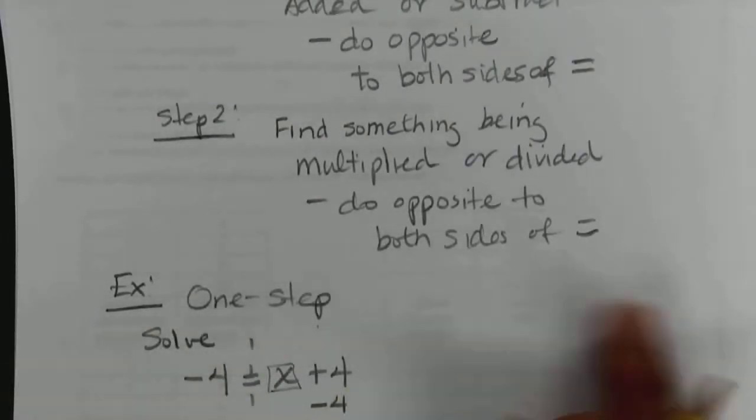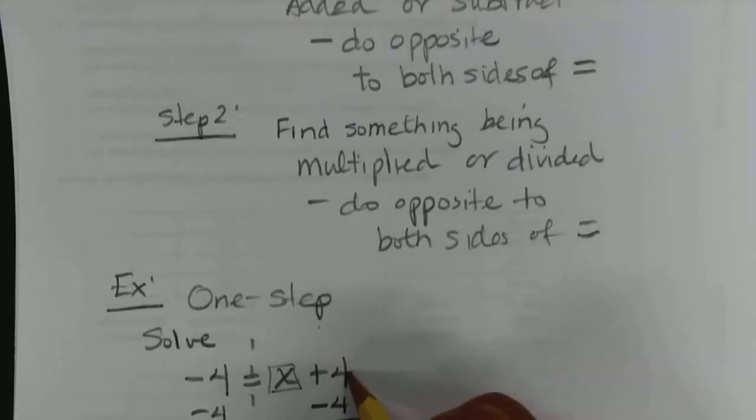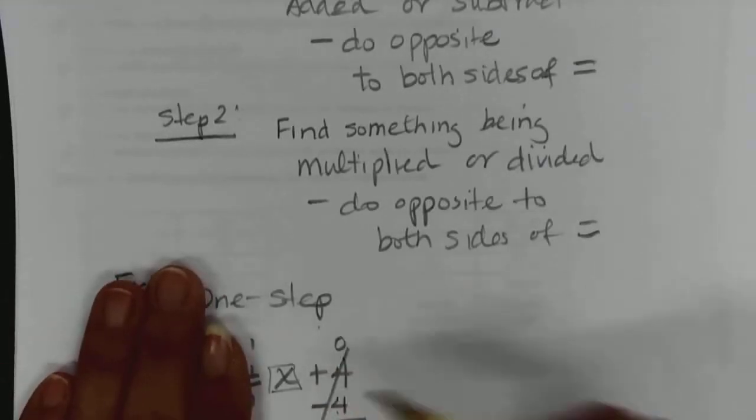So, you're going to subtract 4. Remember, we do it to both sides of the equal sign. Right? Haven't we done this before? Yep. So then, please do this though. Does 4 minus 4 take away that 4 from the x side of the x? Yes. So, now don't put the 0 down here. Put it up here. What you're going to put down here is what's left. What's left on this side of the equal sign?